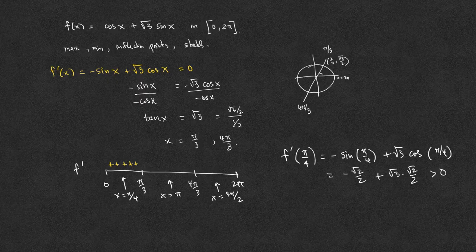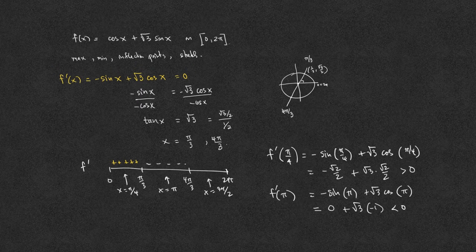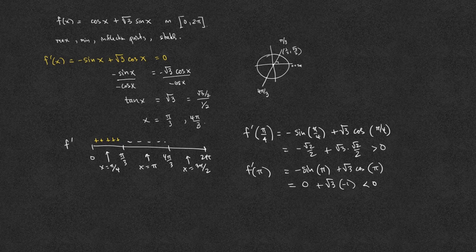We then plug in pi into the first derivative: negative sine of pi plus the square root of 3 cosine of pi. Negative sine of pi is 0, plus the square root of 3 times cosine of pi, which is negative 1. And so this is a negative number. The sign of the first derivative on the interval pi over 3 to 4 pi over 3 is therefore negative.